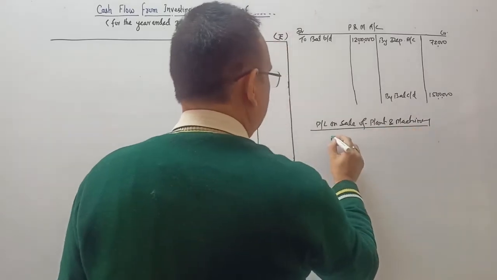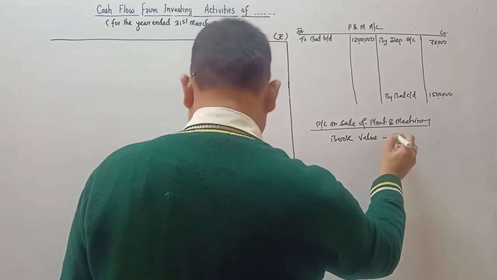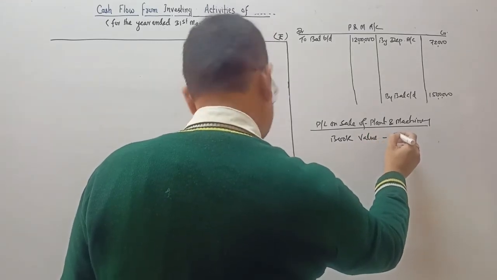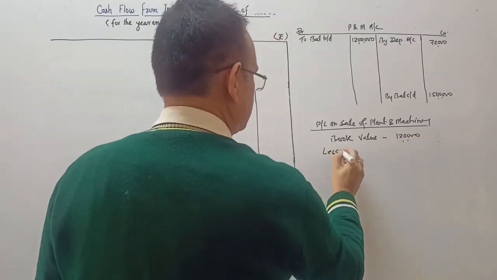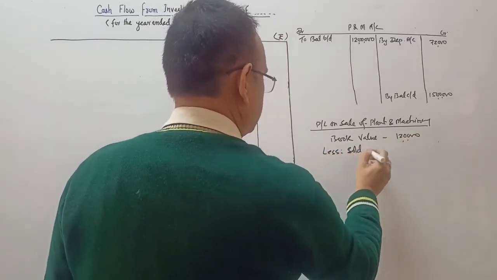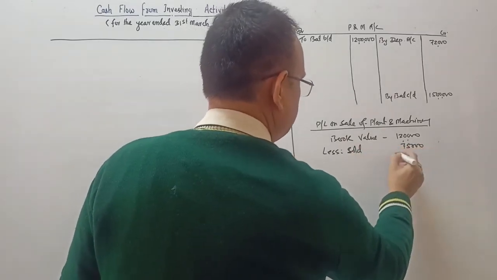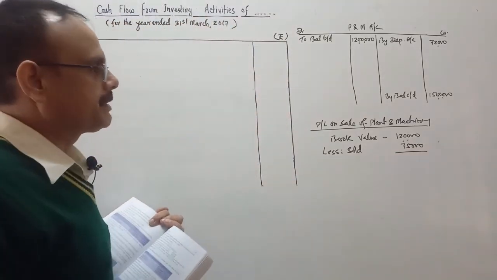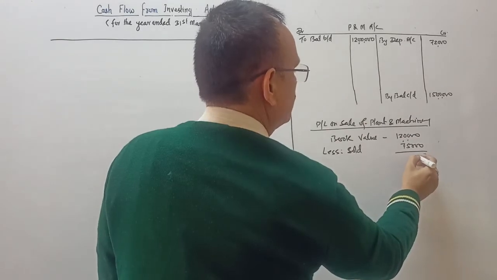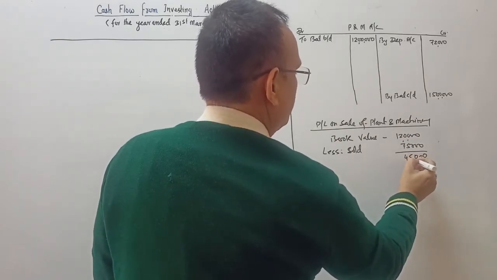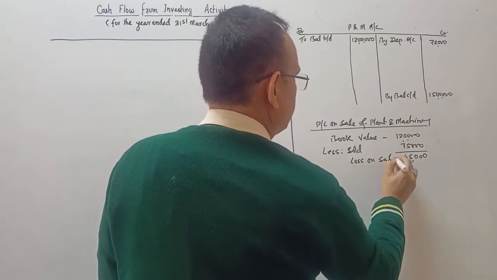The book value of the plant and machinery which is going to be sold is 1,20,000, and it is sold for rupees 75,000. It means it is sold below the book value, so there is a loss of 45,000 on sale of machinery.